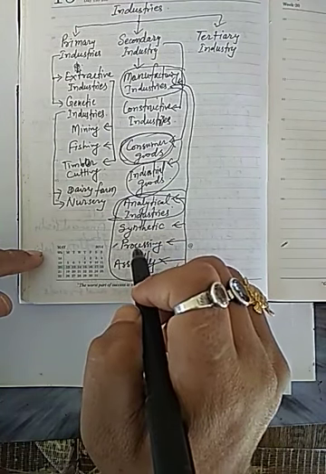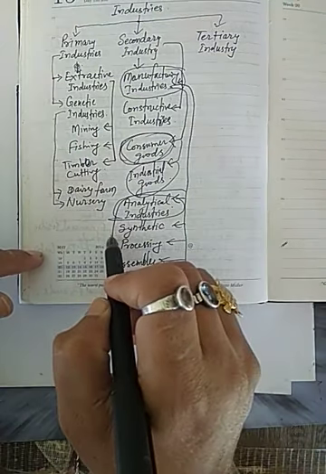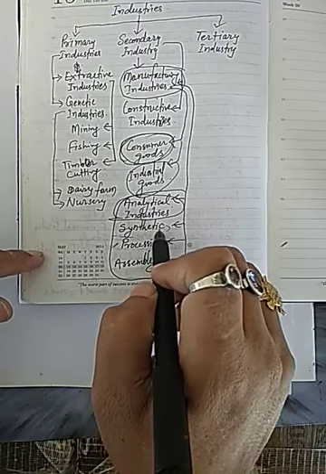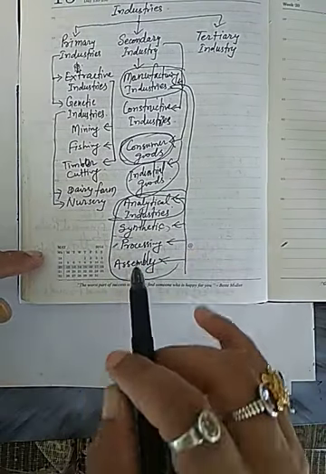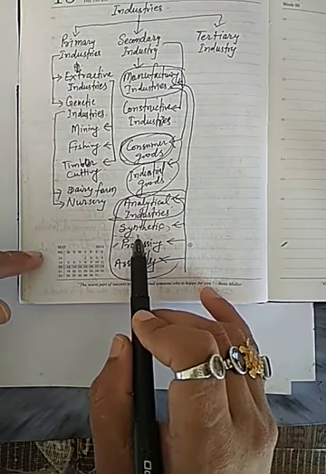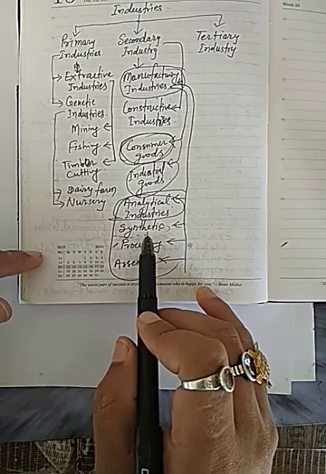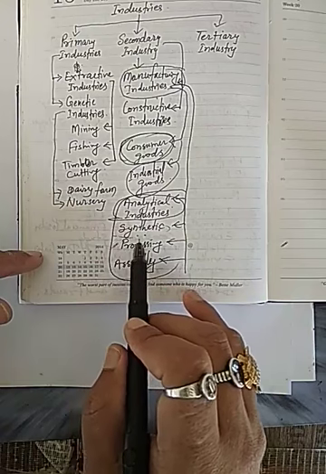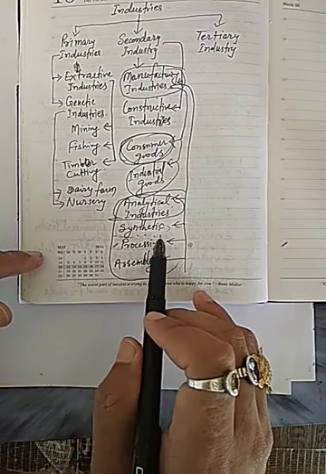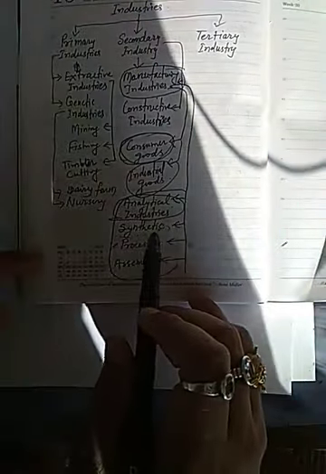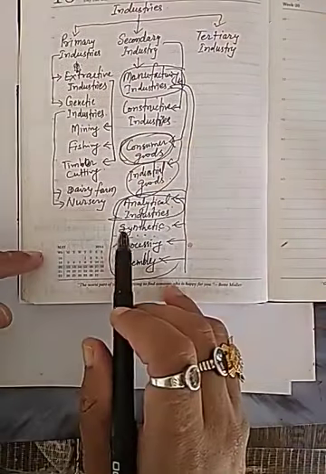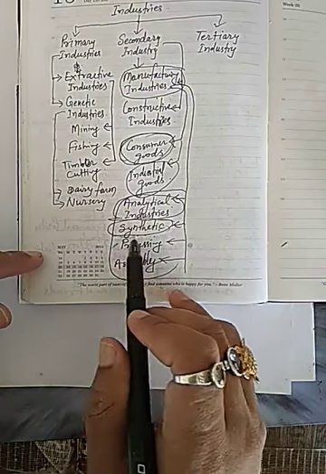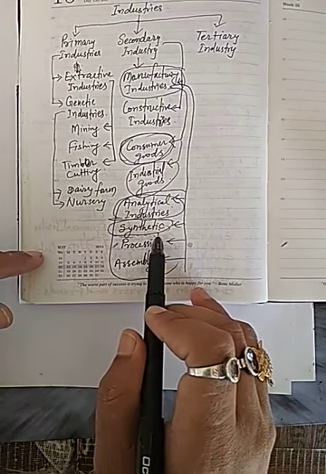Two or more materials are mixed to manufacture some new product. For example, various chemicals are mixed to produce soap, paints, cosmetics, etc. These are examples of synthetic industries.